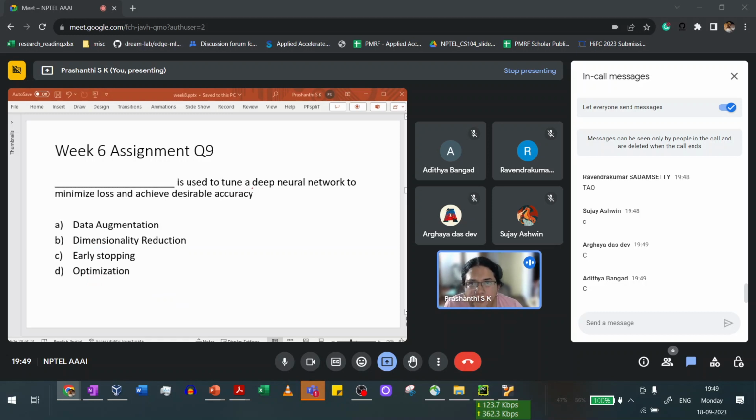Dash is used to tune a deep neural network to minimize loss and achieve desirable accuracy. D, optimization.